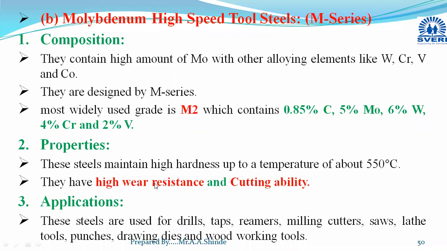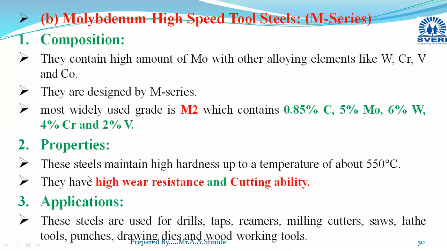Then the properties will be the same for tungsten type and molybdenum type high speed tool steel. These steels have high hardness at higher temperature ranges also, and they have very high wear resistance and cutting ability. Applications will be the same also.